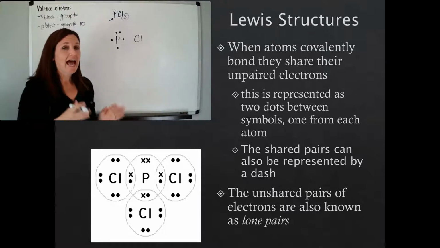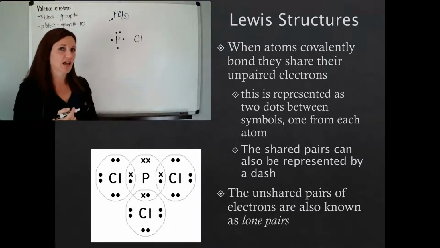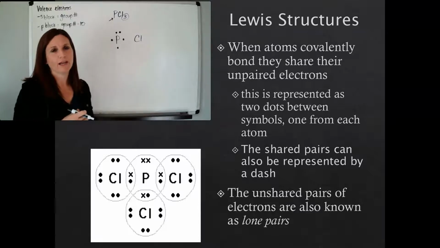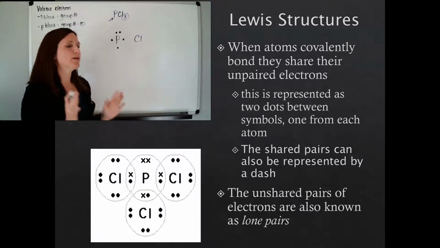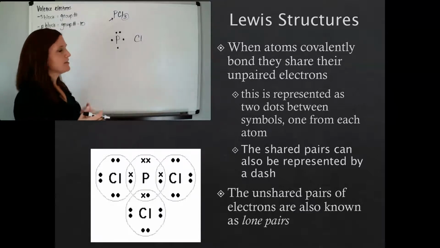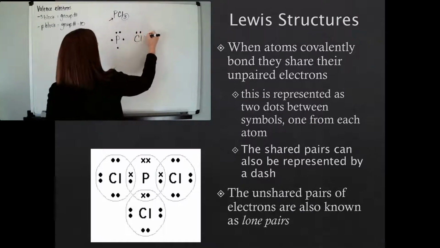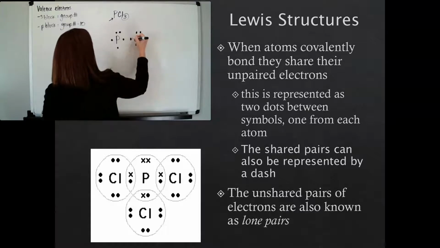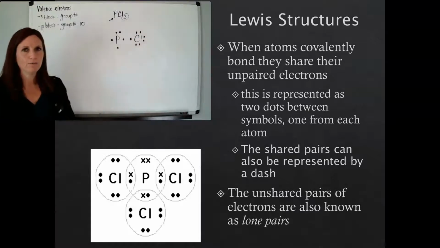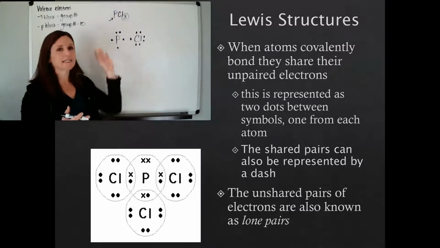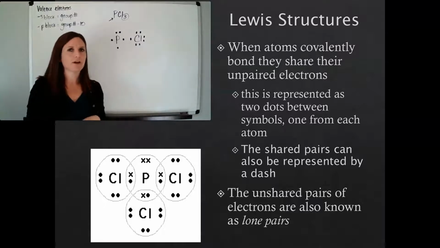And chlorine has 7 valence electrons. If you look up chlorine, it is a halogen just under fluorine in group 17. So we're going to put 7 valence electrons around chlorine. 1, 2, 3, 4, 5, 6, 7. Now you'll see some people do this as X's and dots, or one color and another color.